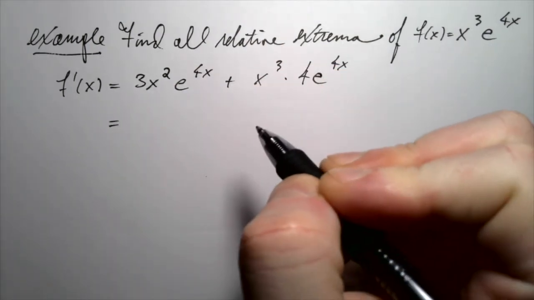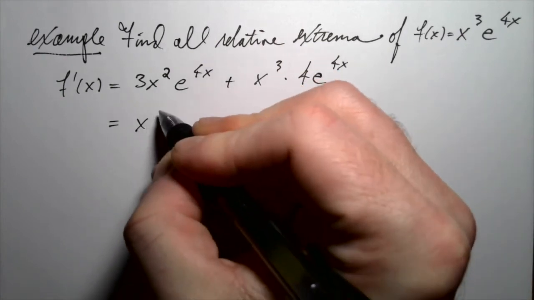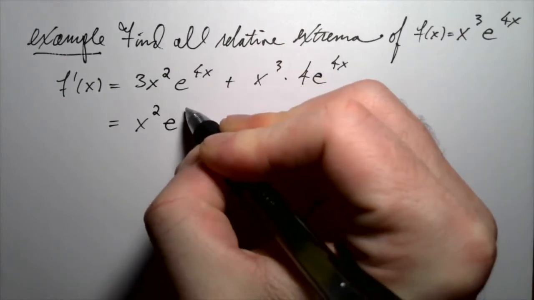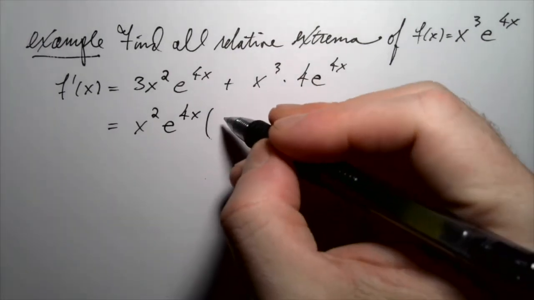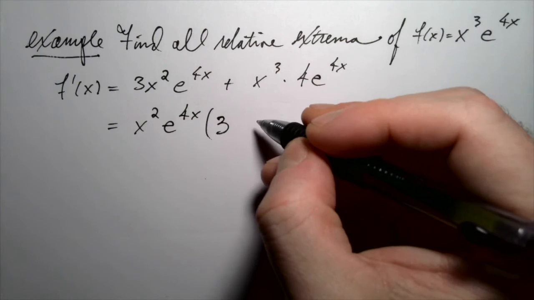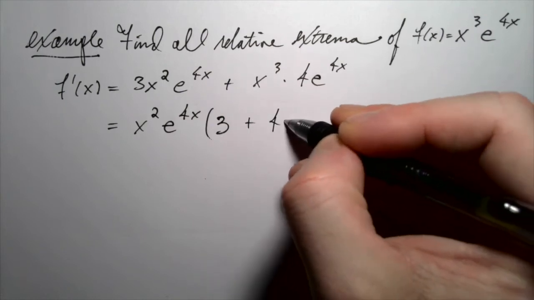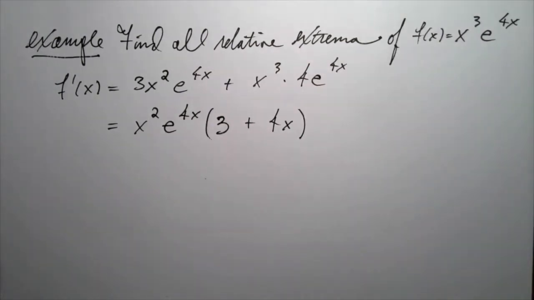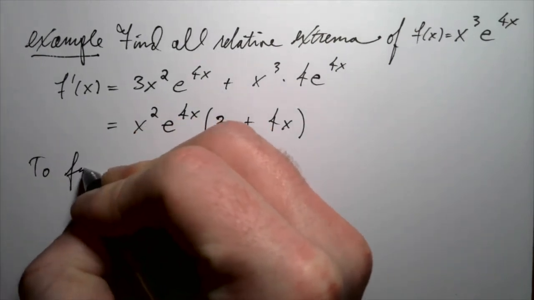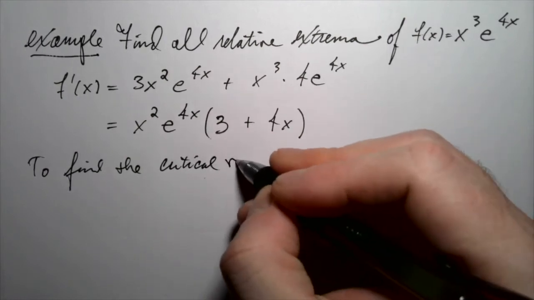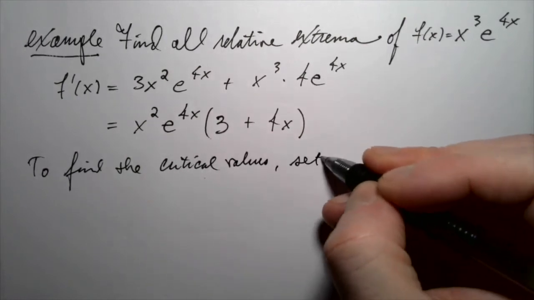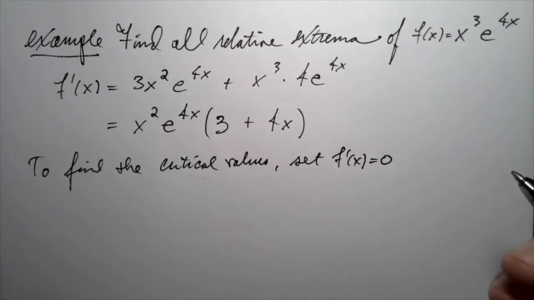Okay, let's clean that up just a little bit. Notice that there's a common factor of x squared e to the 4x in both of those terms. So that leaves 3 in the first term, and it leaves 4x in the second term. That's going to be handy because to find the critical values, what do you do? You set the derivative equal to 0, right?